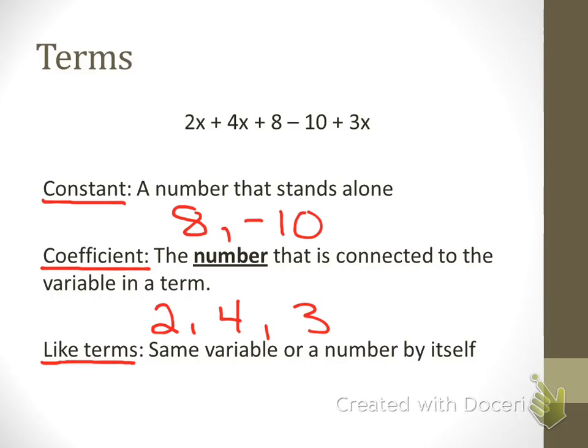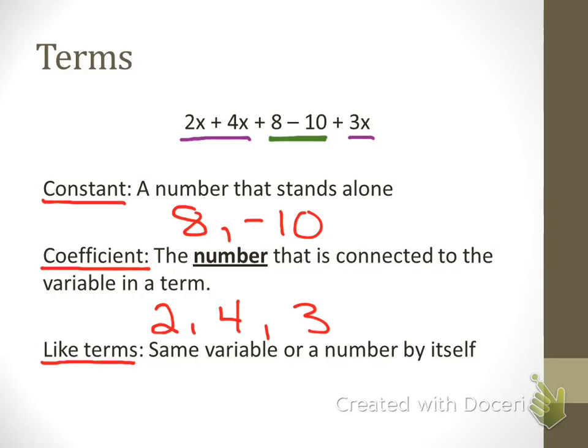You see a 2x, you see a 4x, and you see a 3x. Now, if there was a y, like a 2y in here, that's not a like term because it doesn't have the same variable. Then another set of like terms would be what? What's another set of like terms? Your numbers. Your numbers that stand alone are also like terms because you can combine them.